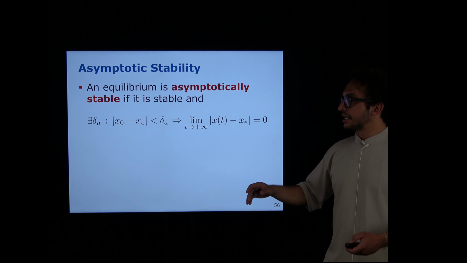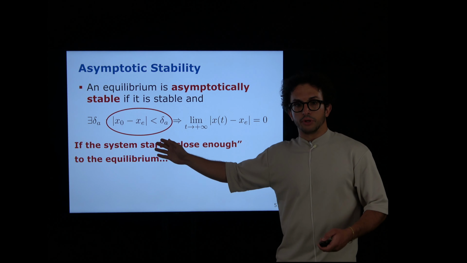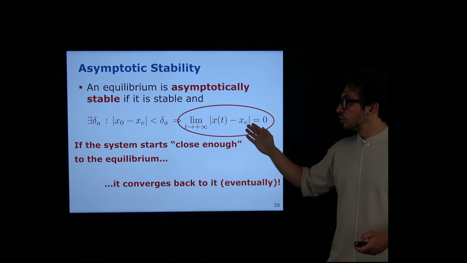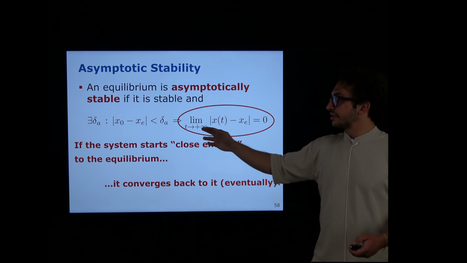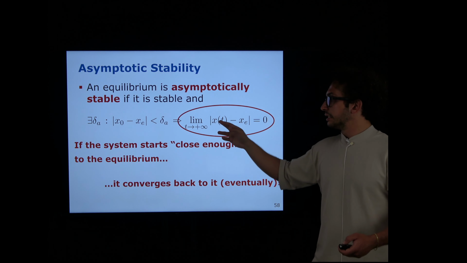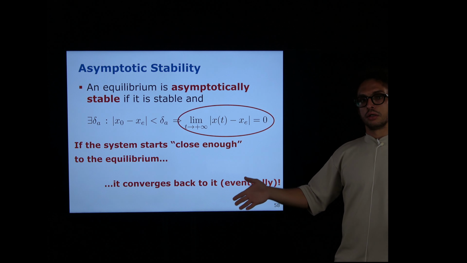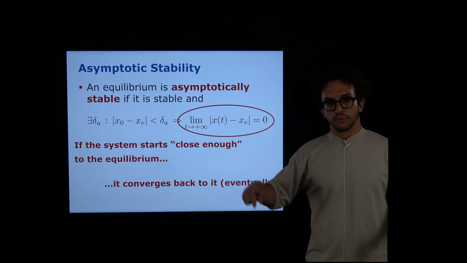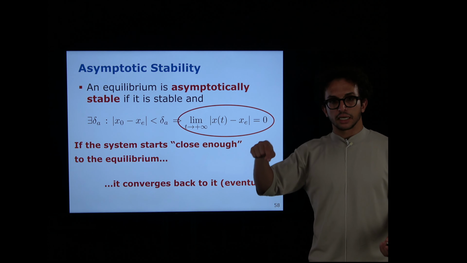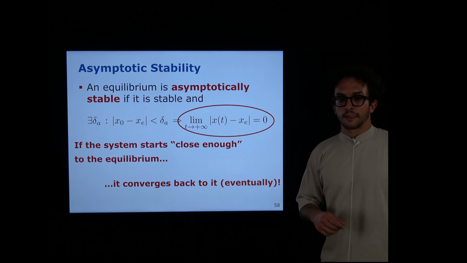And this thing here says if you start close enough to the equilibrium, you will converge back to it eventually. So this says that at some point the evolution will converge to the equilibrium. It will go back there. This is, for example, what happens for the pendulum, right? Because eventually the swinging stops and the pendulum goes back in rest position, which is the equilibrium point.